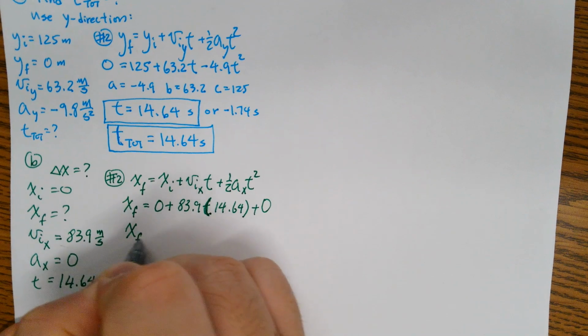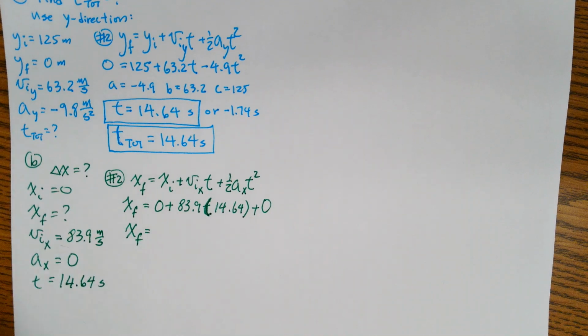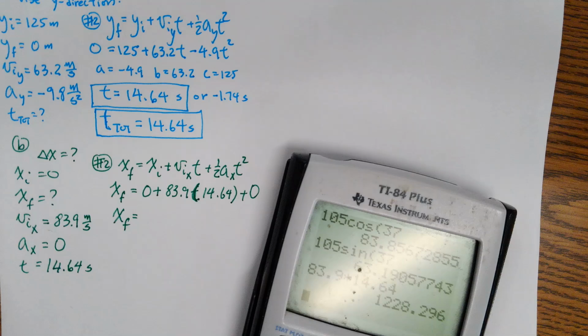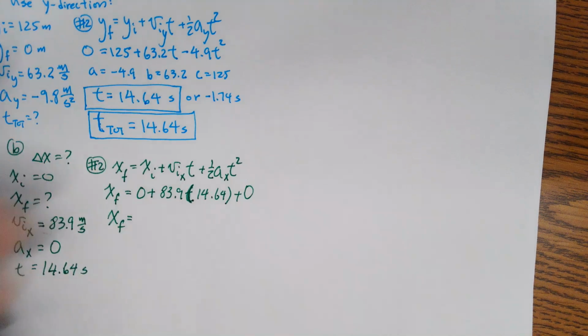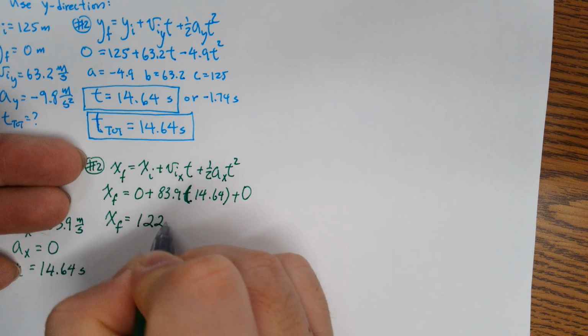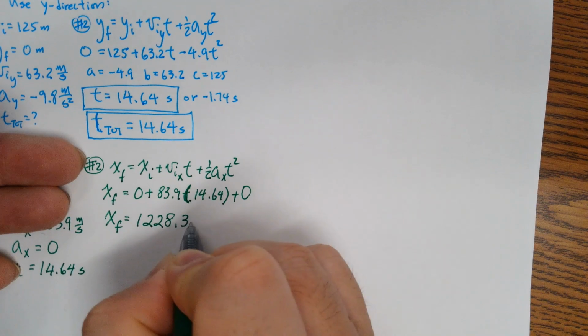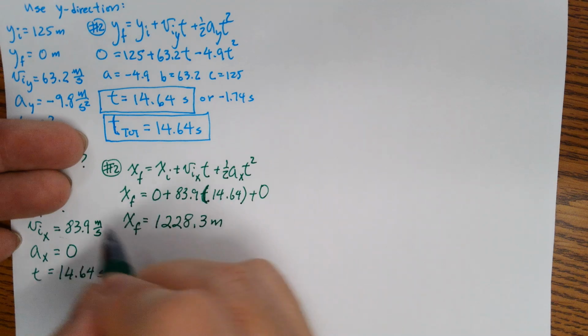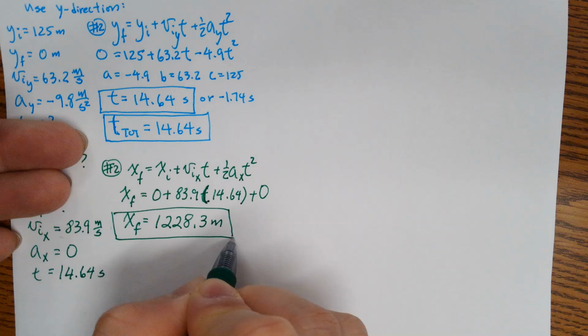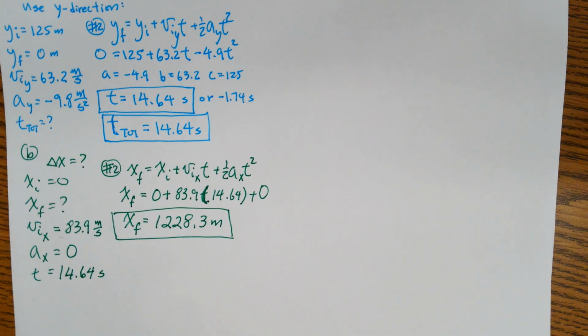So my x final is equal to 83.9 times 14.64 seconds, and I get something like 1,228.3 meters. It's almost like 3/4 of a mile this thing traveled. That's far out.